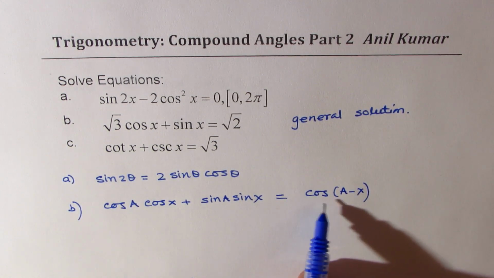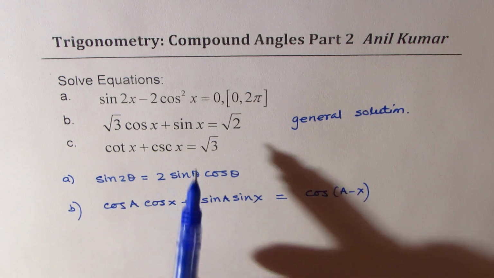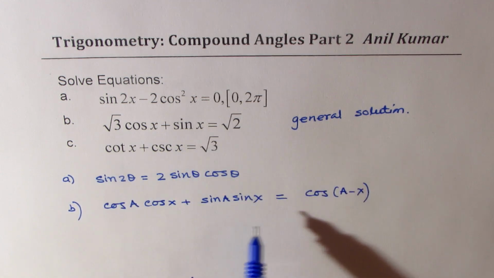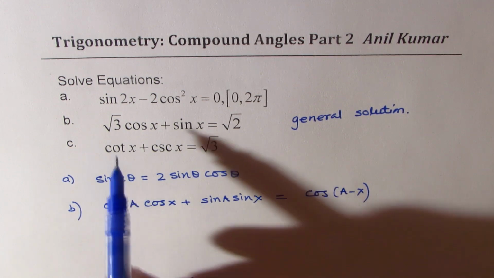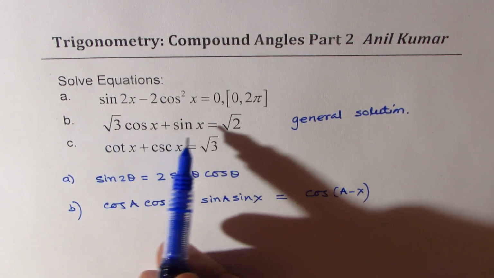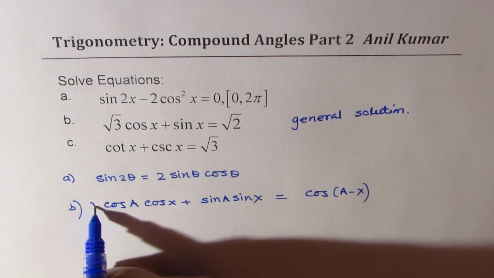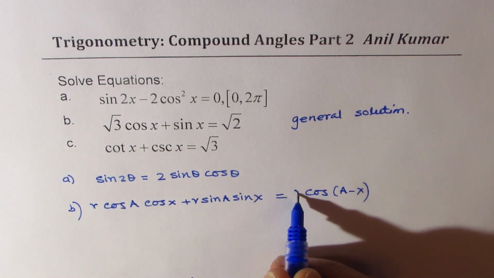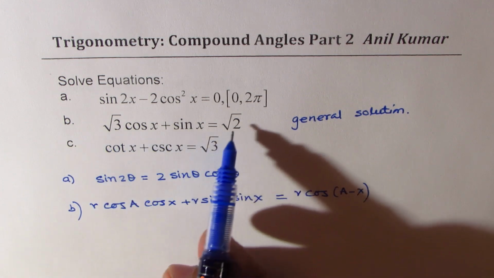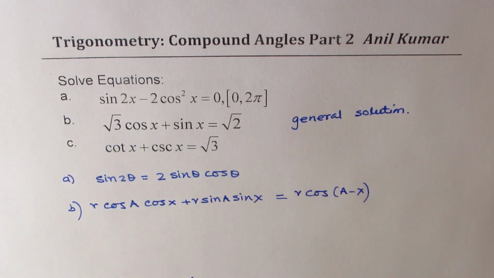If I could write it in this form on the left side, we could actually solve it, right? So that's the whole idea. In doing so, we normally take the numbers involved and write r times this, so that we could take care of any coefficient of these numbers.